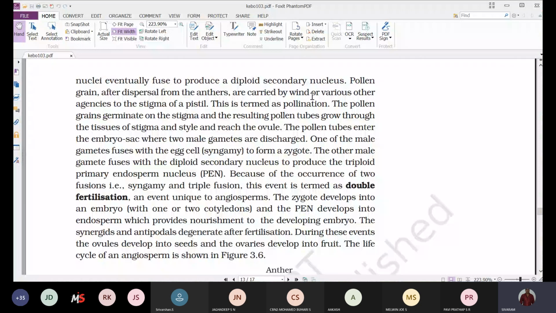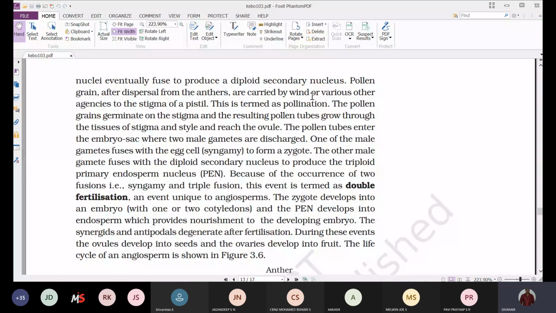Pollen germination means the process of formation of the pollen tube, or the emergence of a pollen tube from the pollen grain, when it has fallen on the stigma.